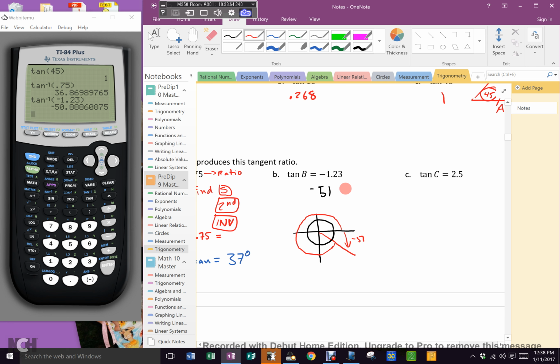Go ahead with your calculator and do the tan of 309. What do you get? Negative 1.23. What are you trying to do? Second, tan. Why do you have both buttons there?